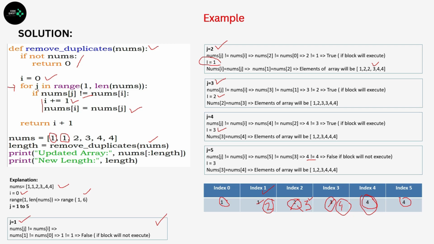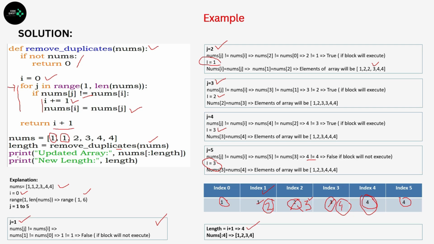As we come to the end of this iteration, this entire for loop gets over, and what I will return by the end of this function is I plus 1. What is the present value of I? It is 3. So 3 plus 1, 4 is what this function is going to return. As a result of which this length is going to carry how much? I plus 1, that is 4.